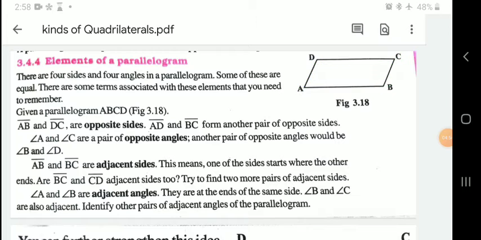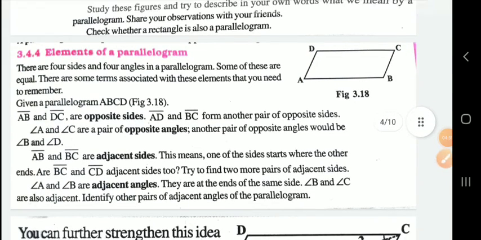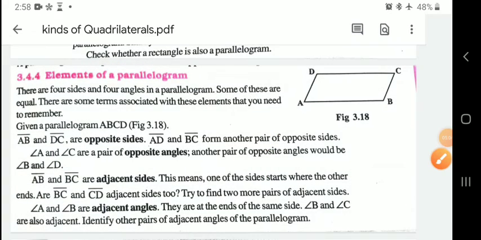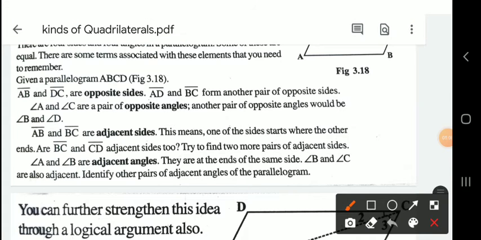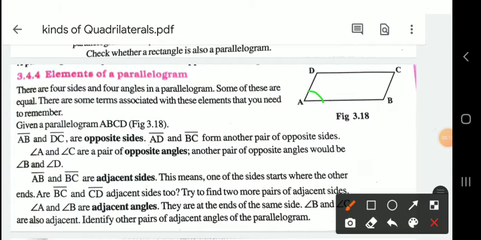Then the next one is BC bar and DC bar, which are also adjacent sides. And measure of angle A and measure of angle B are called adjacent angles.